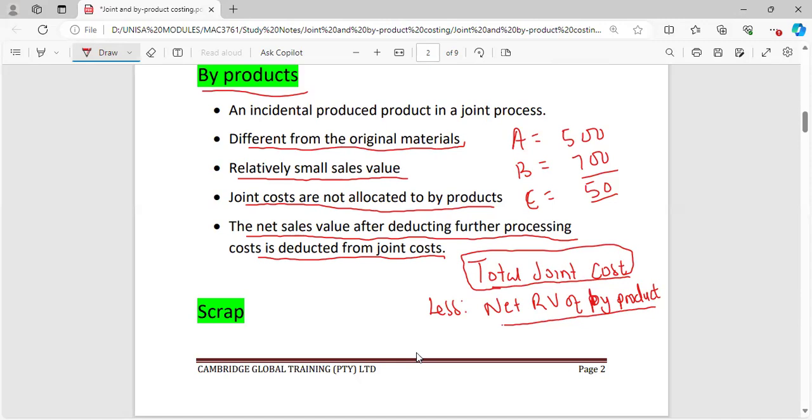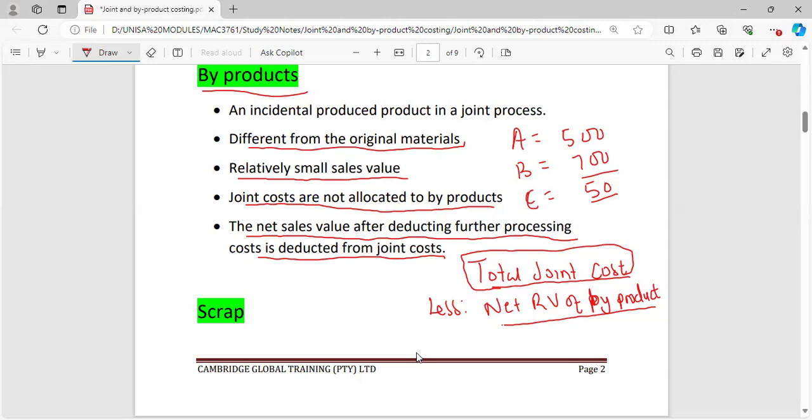comes after further processing. You may find that some of the products in a joint process will be further processed. The reason why we can further process sometimes is because some of the products cannot be used at split off point.